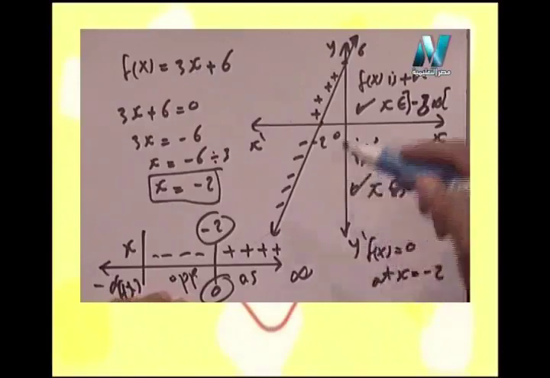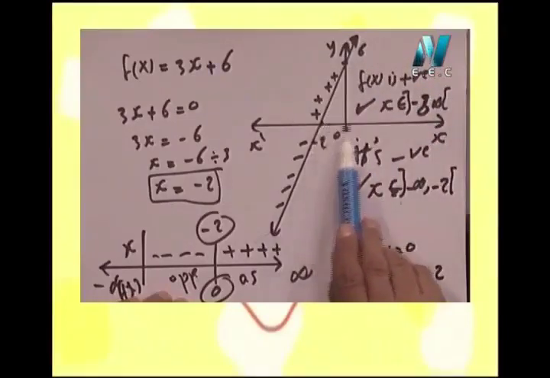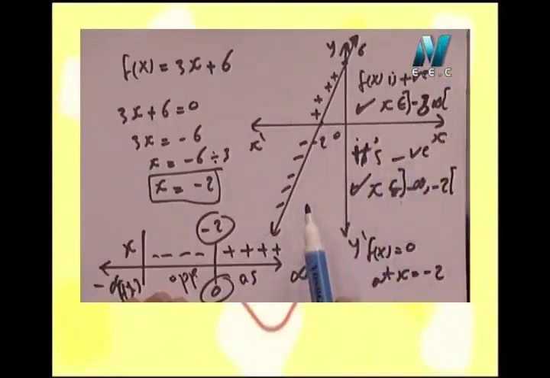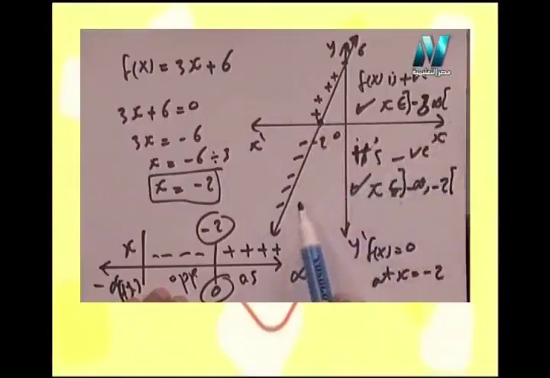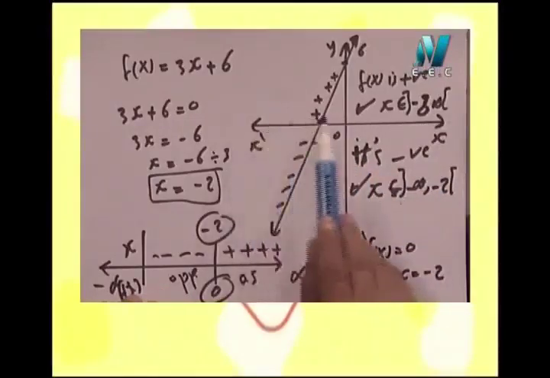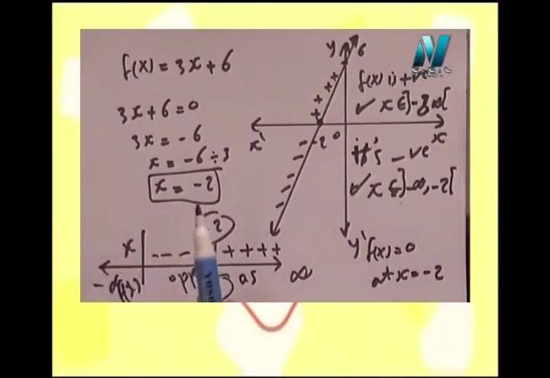So this function will be positive between negative 2 and infinity, after negative 2, and it's negative from negative infinity to before negative 2. And we would like to find out the sign of some other functions.